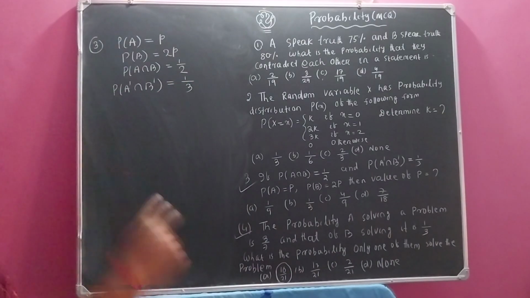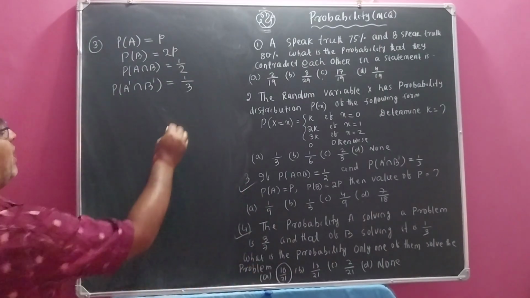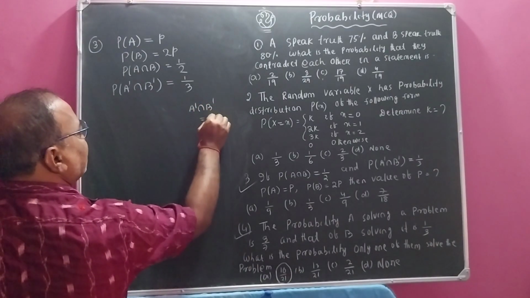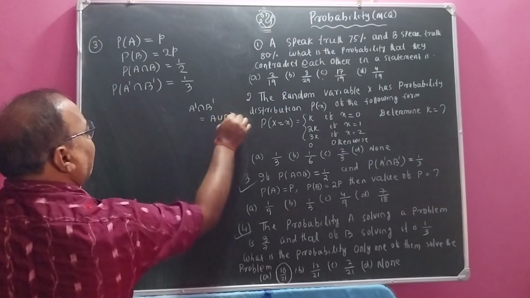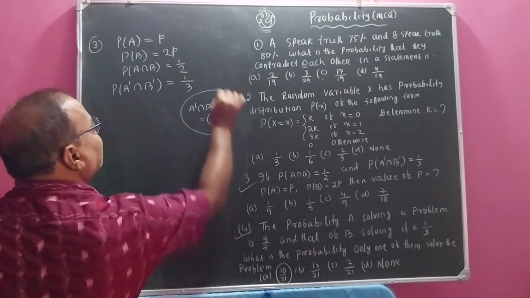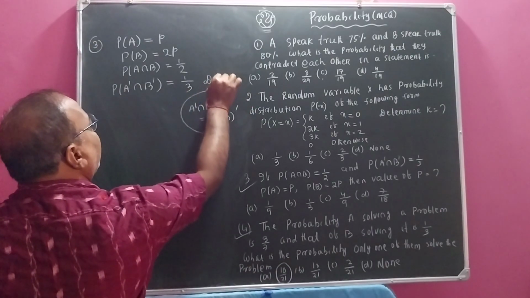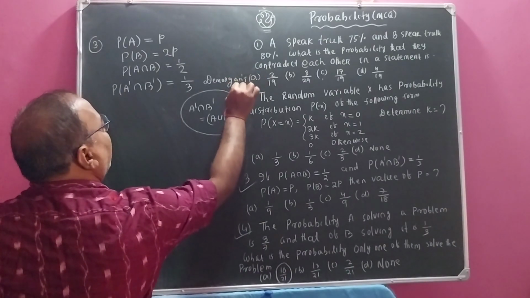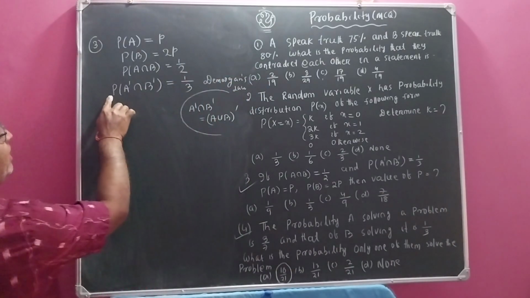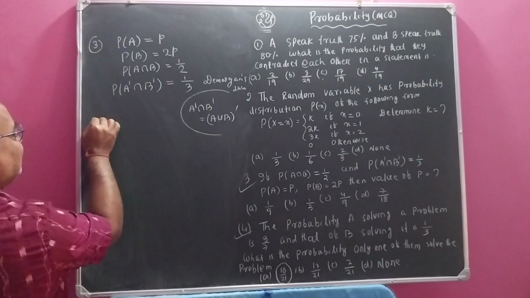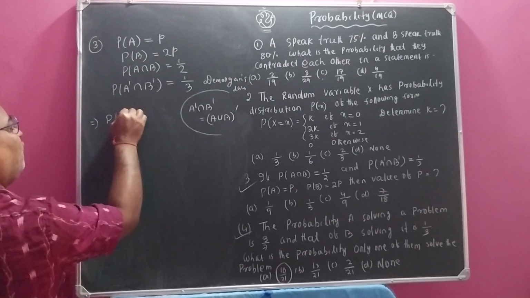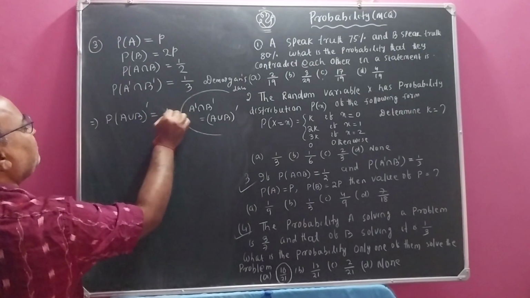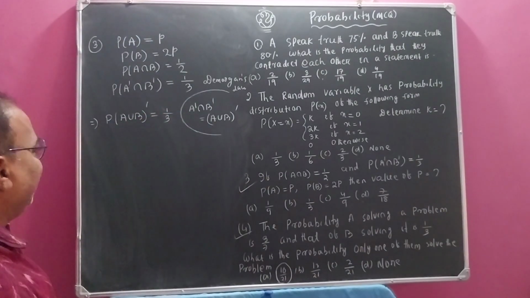So applying De Morgan's law, we know the De Morgan's law. What is De Morgan's law? A dash intersection B dash is equal to A union B whole dash. This is De Morgan's law. Remember De Morgan's law from set theory. Probability of A dash intersection B dash, that is probability of A union B whole dash, is equal to 1 by 3.